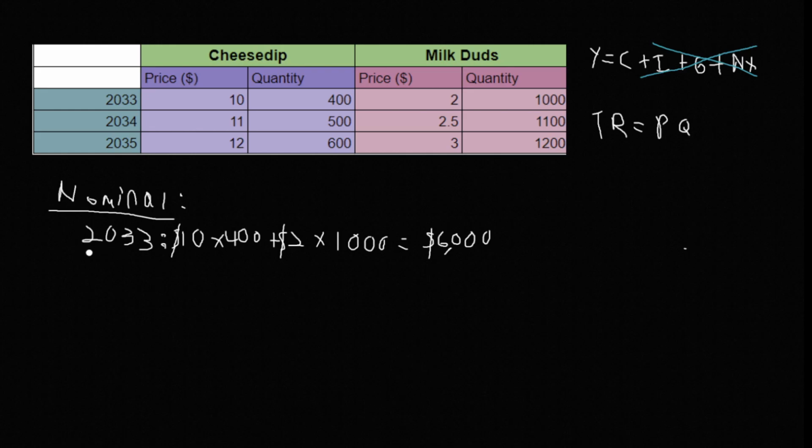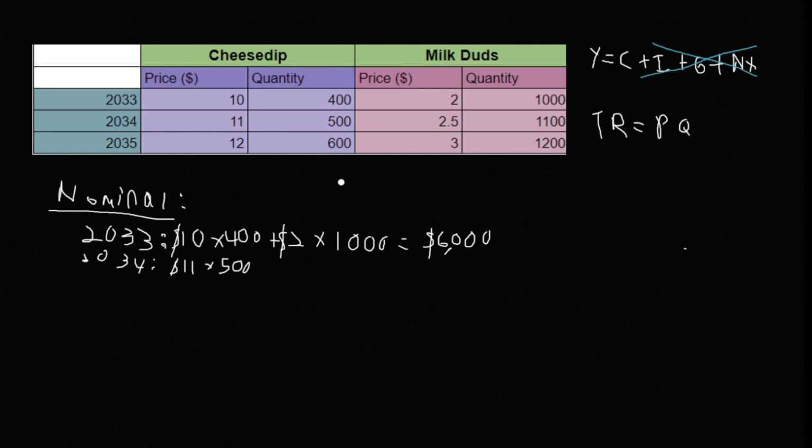What about for 2034? Well, we have a price of 11, so 11 times 500, because that's the quantity. You can see that the GDP is going to rise because the quantity is going up.